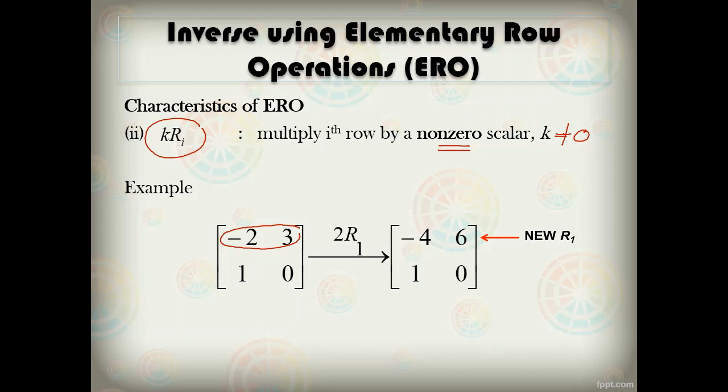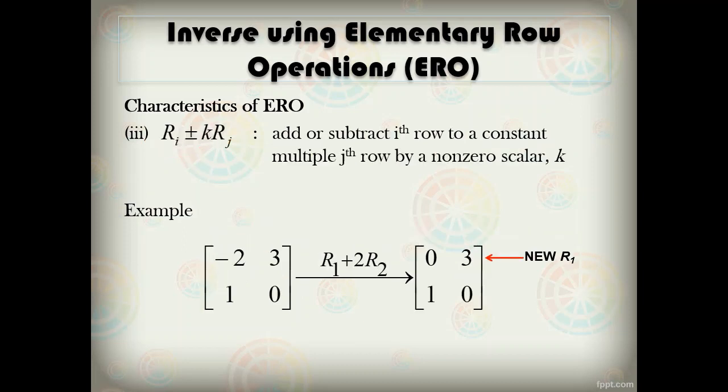For now I just want to explain the rules involved in the ERO. Last but not least, you can add or subtract the ith row to a constant multiple of the jth row by a non-zero scalar k.